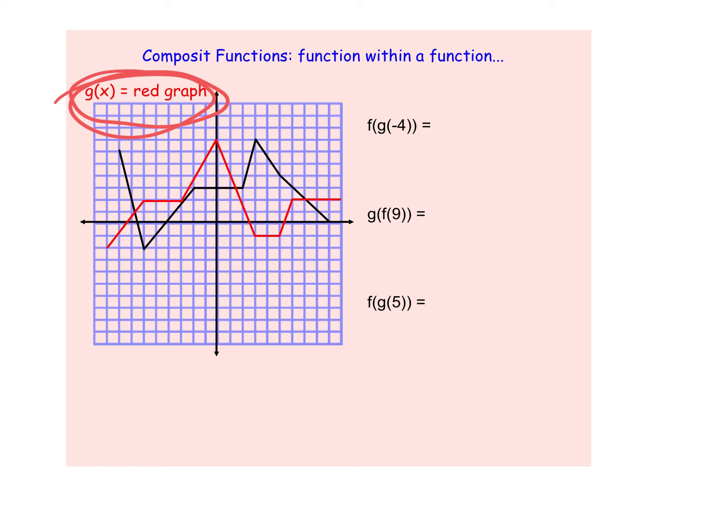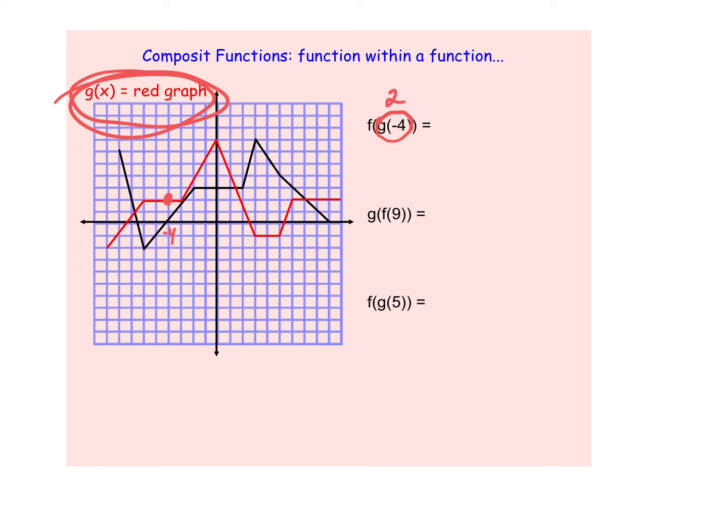Kai, what did you get for g of negative 4? I got 2. Yep, it's that spot right there. So we go over to negative 4, and then on the red function, it's 2.